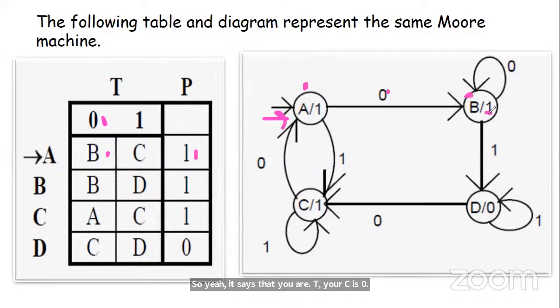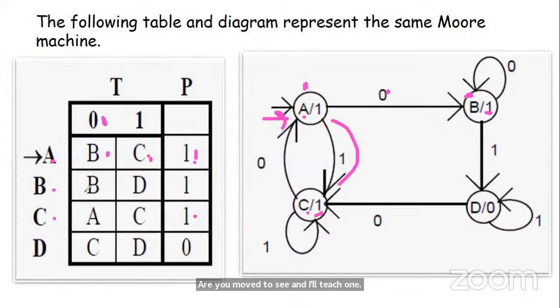You are at state A, you receive a 1, you move to C and output 1.